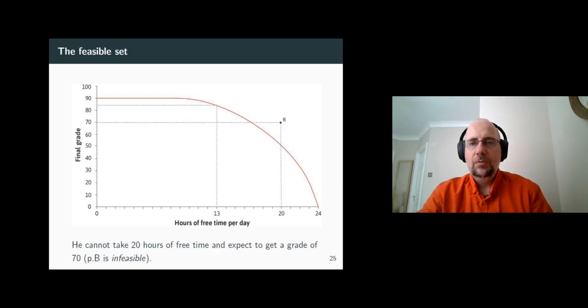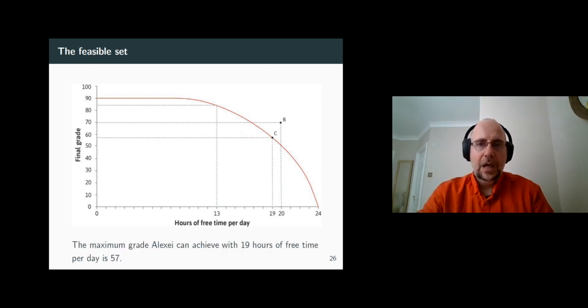For example, you may want to have a grade of 70 and work only 4 hours per day for this grade and have 20 hours of free time. But it will not be possible. It is outside of your feasibility constraint. However, you can definitely get a grade of 57 points if you work 5 hours per day and enjoy free time of 19 hours per day.